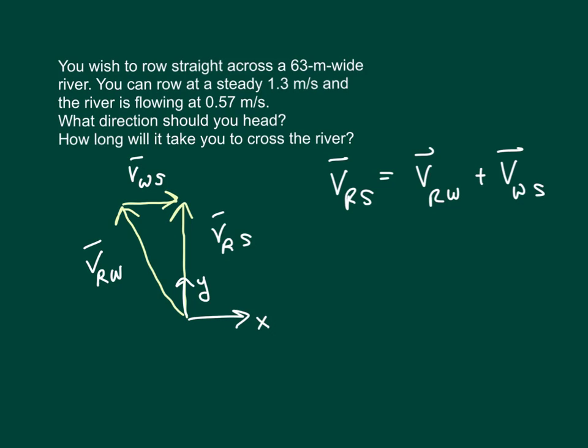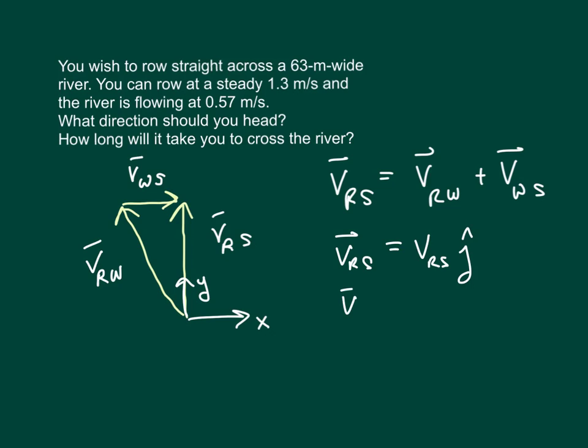So our vector, the velocity of the rower with respect to the shore, is definitely going in just the y direction, so we can write that vector as v sub rs is going to be the magnitude v sub rs, and it's going in the y direction, so we'll write that in terms of j hat, the unit vector in the y direction.